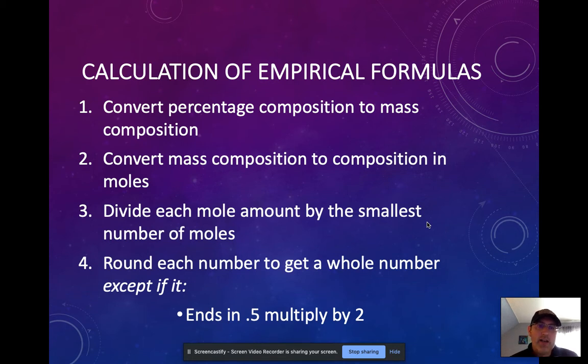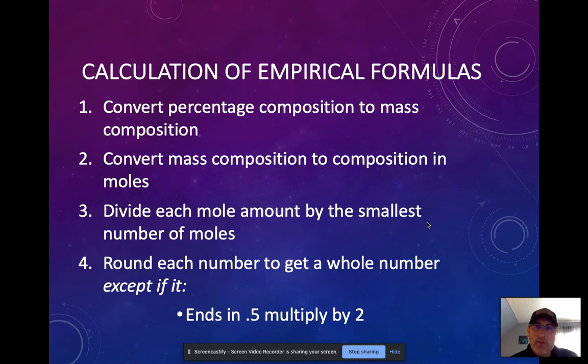Okay. Our next step, step 2, is to convert those mass amounts to moles. Now, this is actually going back to what we did in chapter 3. It'll just be an element, so you just look up that mass from the periodic table and you go from grams to moles. So in this case, you'll be dividing by the mass from the periodic table.